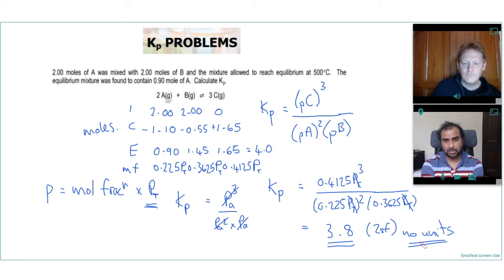If the numbers were not favorable for that to happen? Then for the partial pressures you put in, you times by the actual pressures here. So you would times all these by 500, and you'd be given the pressure in the question. Of course. So in this, they don't happen to give the pressure because it ends up being inconsequential. But if they did, okay, that makes sense.